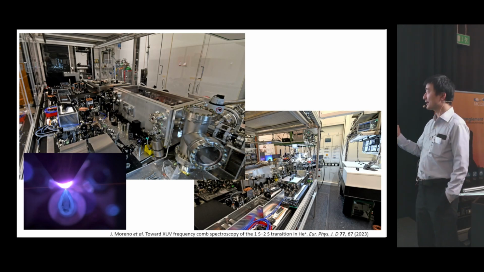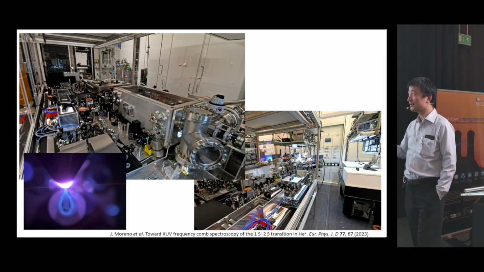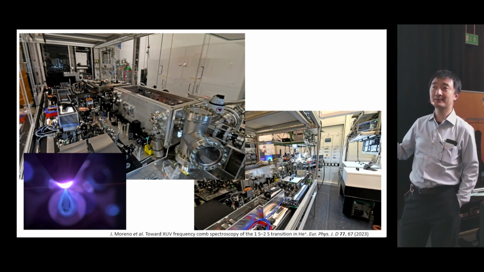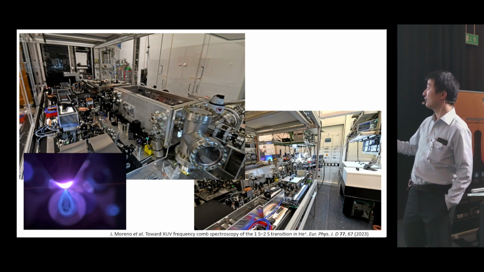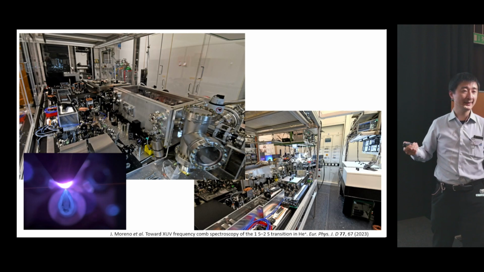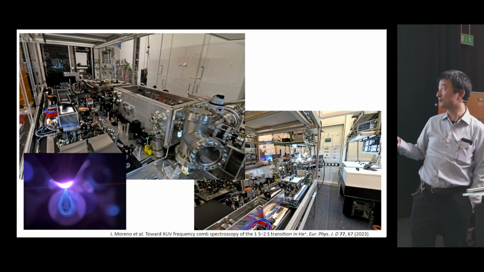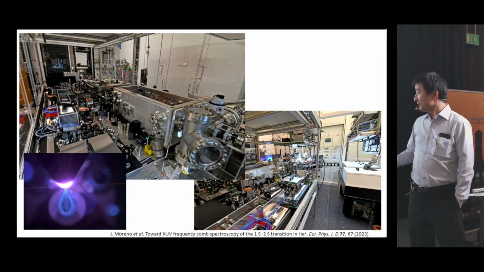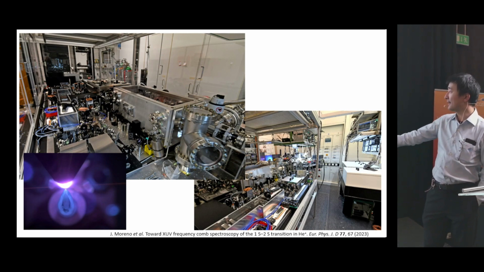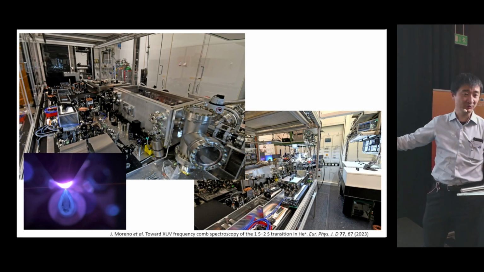That's not a straightforward task because, of course, we cannot see 61 nanometers, and we have to very tightly focus this frequency comb onto the Helium-plus ions so that we can excite the 1s-2s transition more efficiently. For more details of the current status, you can look at this paper that we recently published.